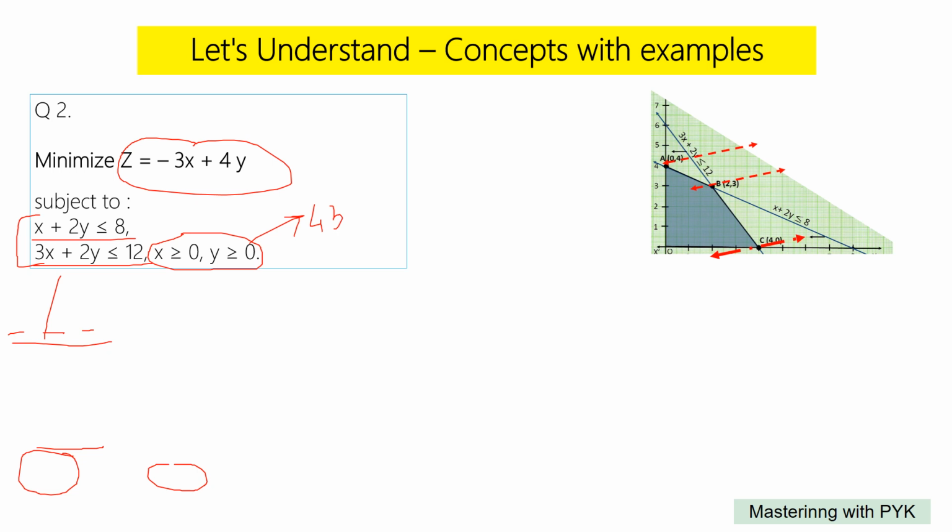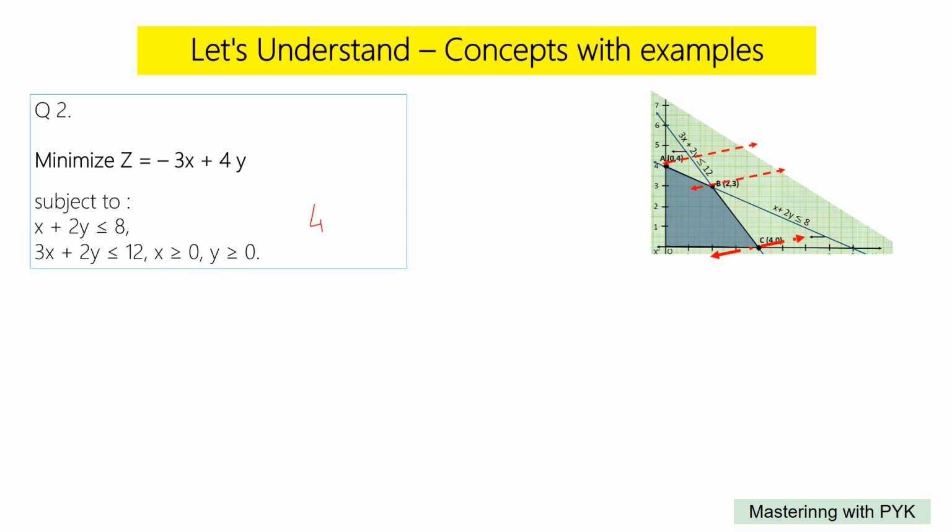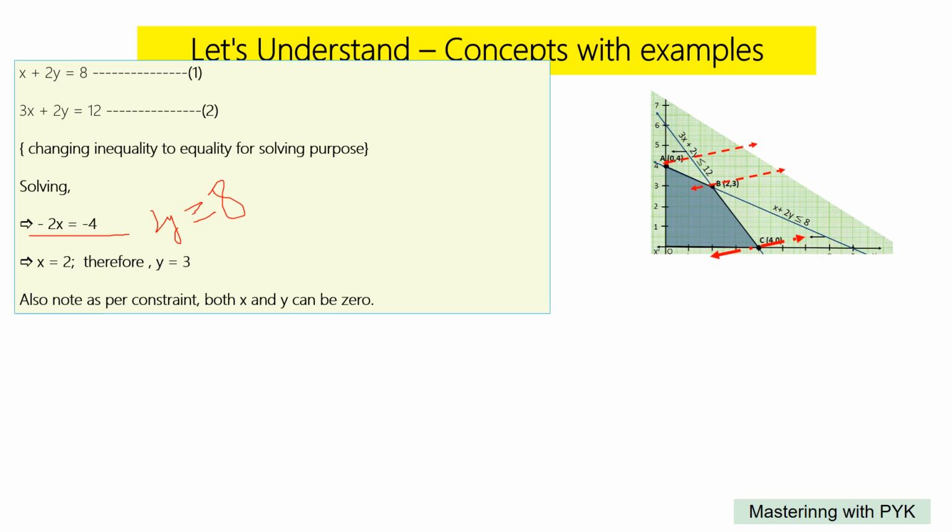Because we will also be finding the intercepts by putting x as 0. So when we say intercept, we put in equation 1 x as 0. So 2y is equal to 8 and then y would be 4.